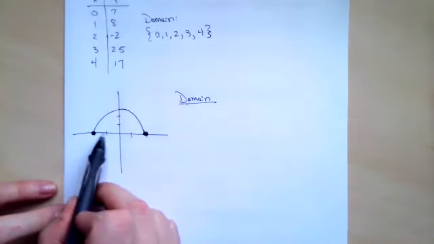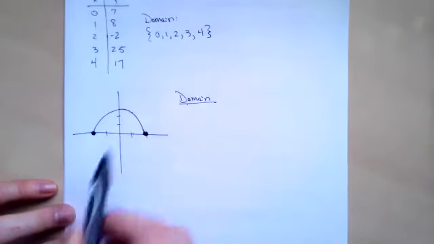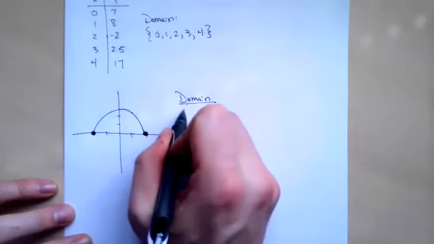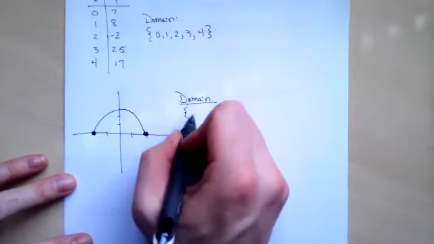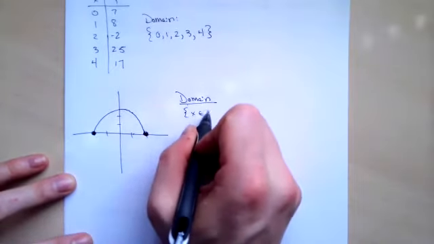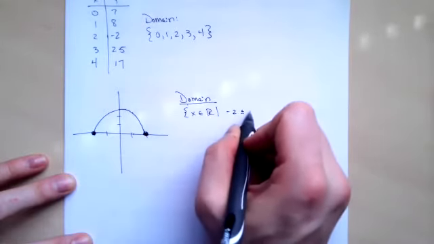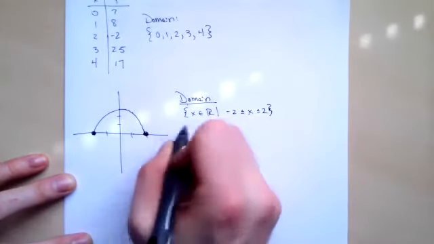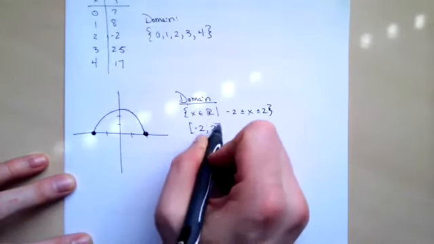Well, where do I have x values defined that have a corresponding y value? It would be -2 to 2. So you could set this up in set notation if you prefer, or in interval notation.